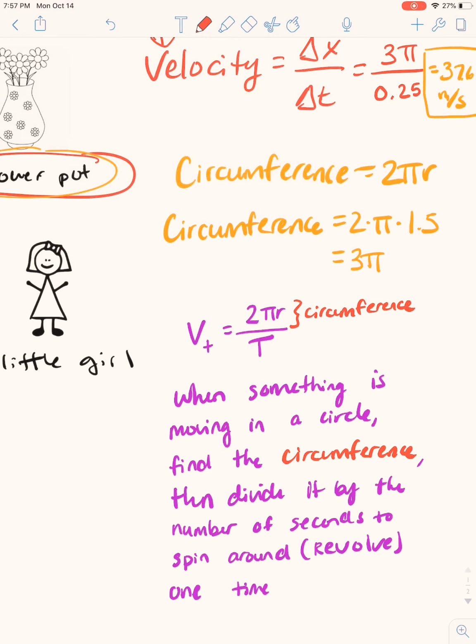So that top is circumference, the bottom is time to complete one full revolution.